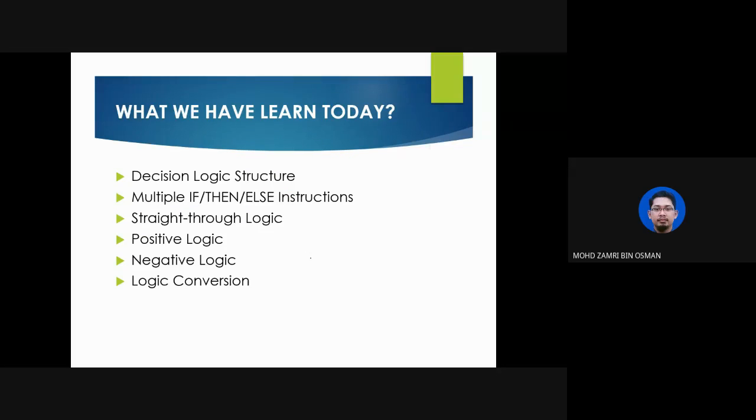So basically this is the idea that we already learned regarding the decision logic structure. In the introduction part, you already looked at what an if else statement is. We have an if, and then an if else, right? And then we have what we call the case. Straight through logic is only an if statement.